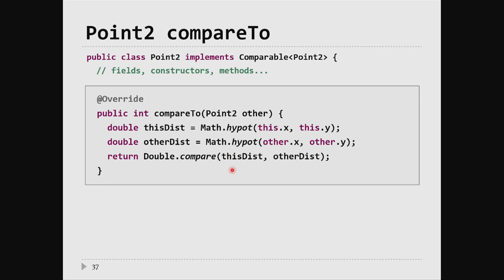Then you just compare those two distances, and you can always do that using the compare method from one of the wrapper classes. If you compute some primitive value to compare with, there's always a primitive wrapper class method that will do the comparison for you. Here we're using Double.compare because we have two distances represented as doubles.